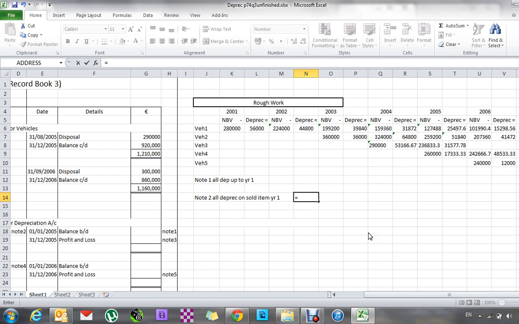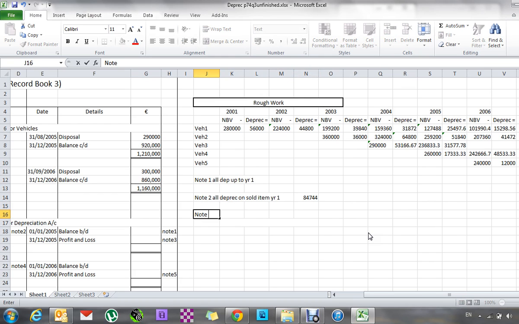During the first year, 2005, the one I sold was vehicle 3. So it'll be that figure plus that figure. That's all the depreciation on the one I sold, and there was no refrigeration or anything else involved in that.